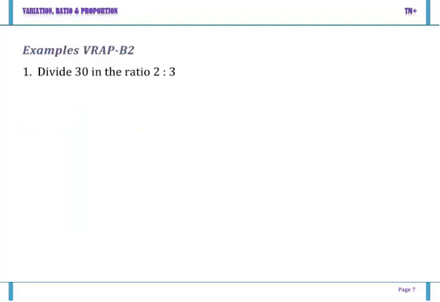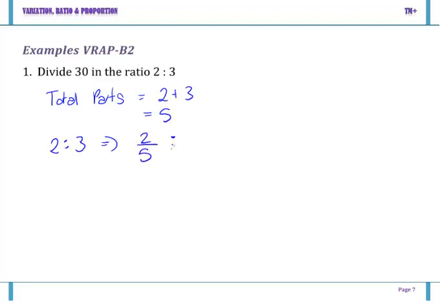So let's look at an example. Divide 30 in the ratio of 2:3. So my first step is total parts, and that's 2 plus 3, which is 5. So to write this as a fraction, we can have 2 over 5 is to 3 over 5. They're our fractions.